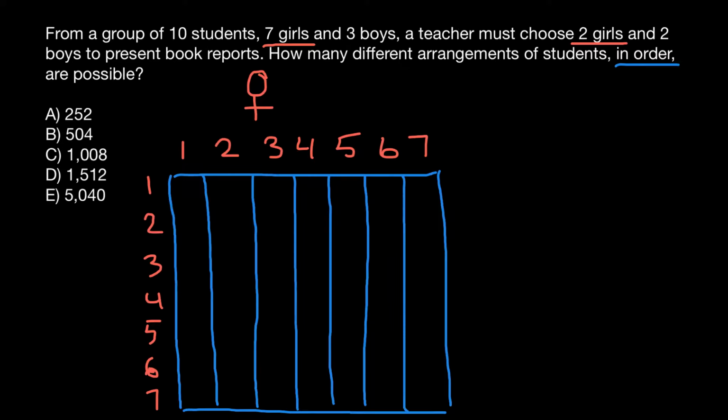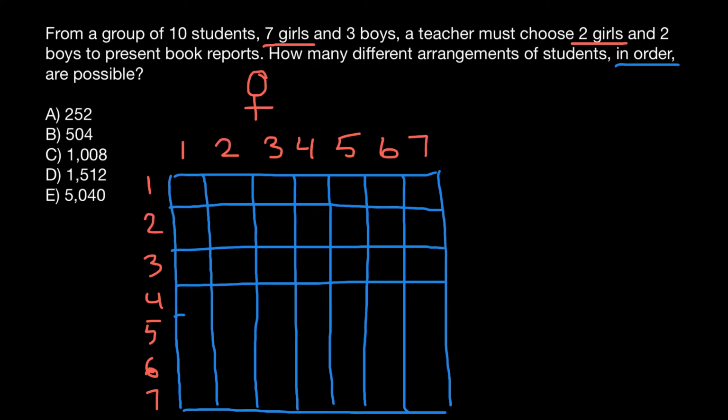But that doesn't mean that we are going to get 49 combinations. Again, we are looking for unique combinations. Now let's count how many unique combinations we are going to get.